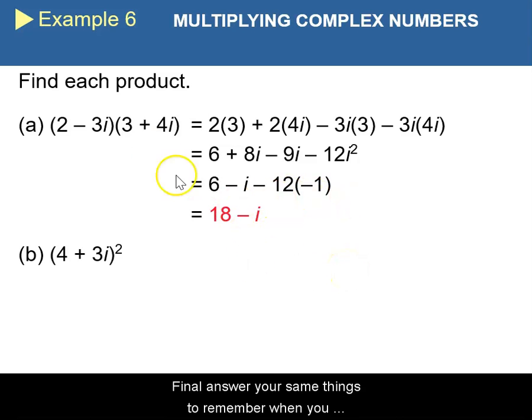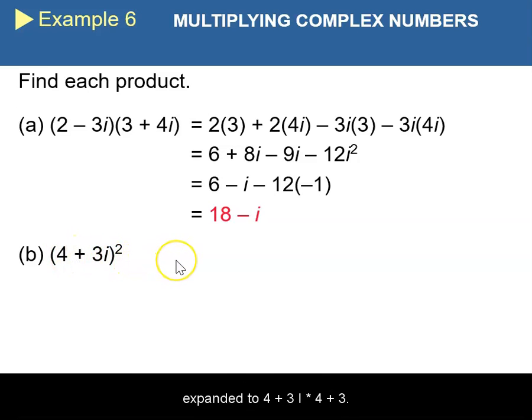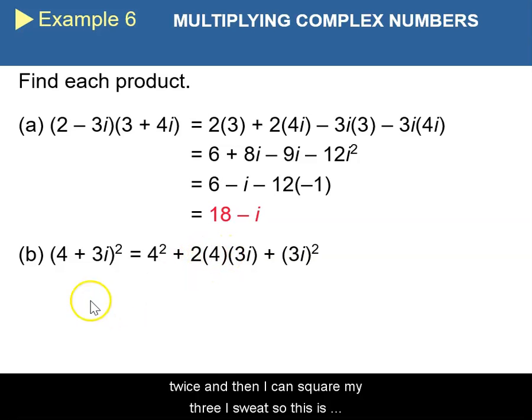Okay. Here, same thing. So remember, when you have a binomial squared, you do not just square the first term and square the last term. This needs to be expanded to 4 plus 3i times 4 plus 3i. Okay, so I will have 4 squared, 4 times the 3i, and that will happen twice, and then I can square my 3i squared.